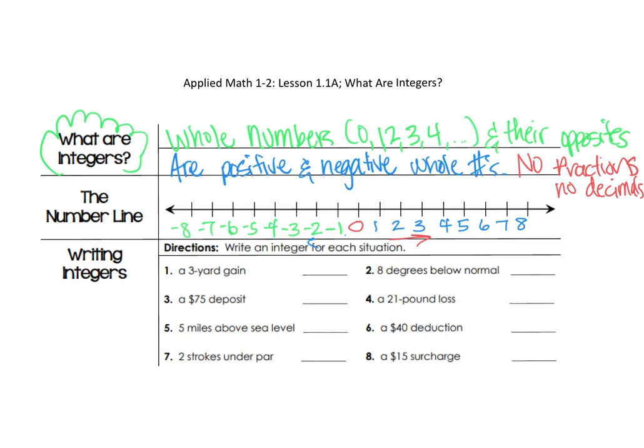Now the thing that we need to remember as we're using the number line is that the further right we get, the larger the value. The further left we get, the bigger the negative number actually is, the smaller the value is. So that's just something to keep in mind as we're using this number system.